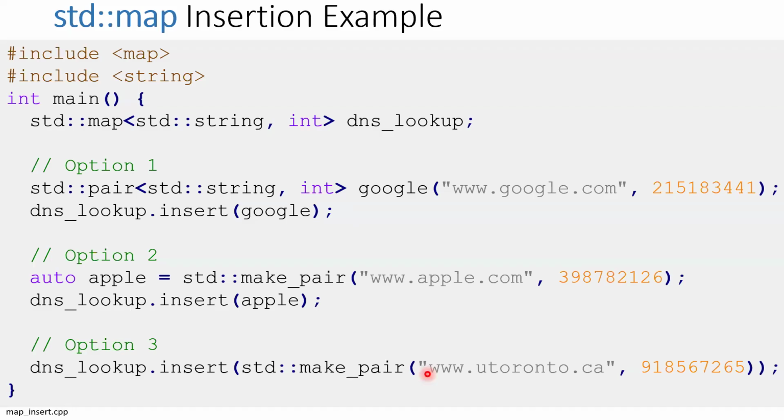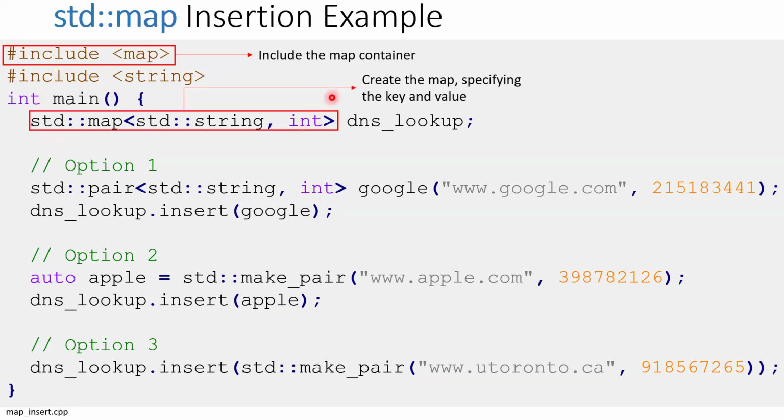Inserting into the map. First, to use the map, we'll need to include the map header. Then we create a map specifying the key and value because maps are templated. The map is called DNS lookup, and we have three options to insert.